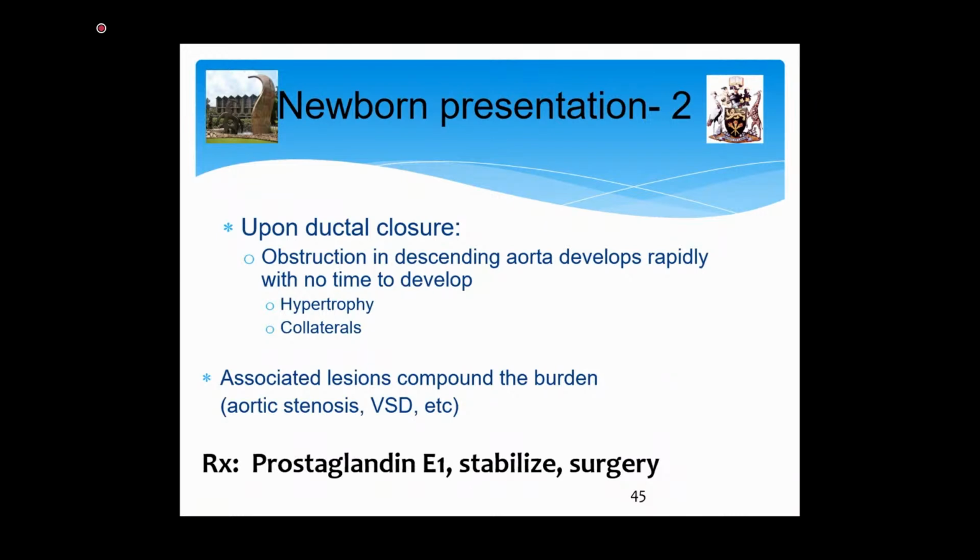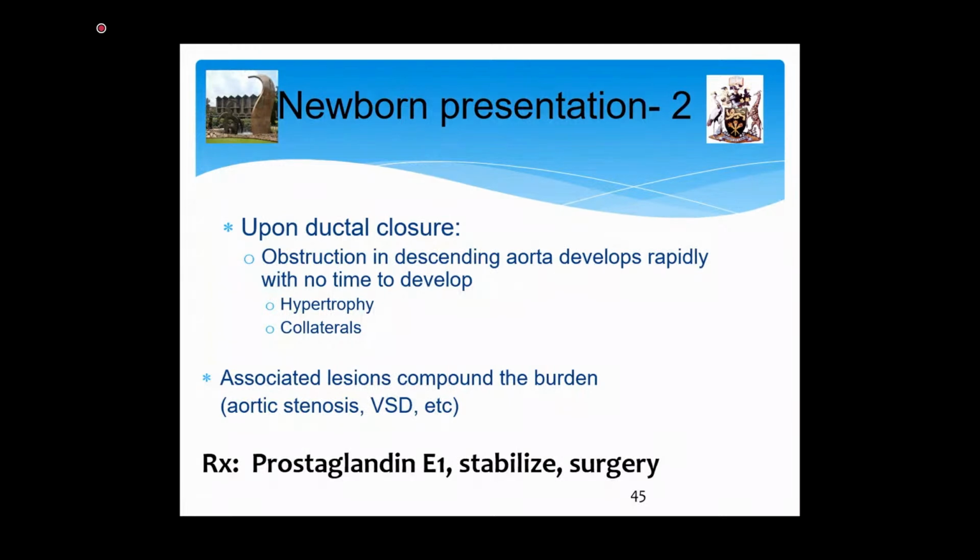Upon ductal closure, this is when many of these symptoms will worsen because of the obstruction in the descending aorta that develops rapidly, before the heart has developed hypertrophy to pump past the coarctation and developed collaterals.